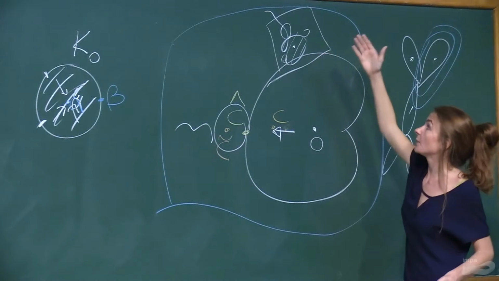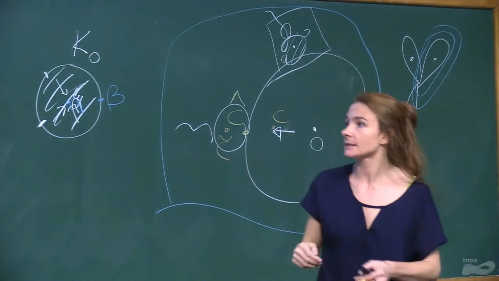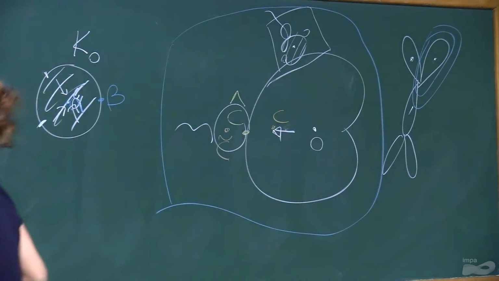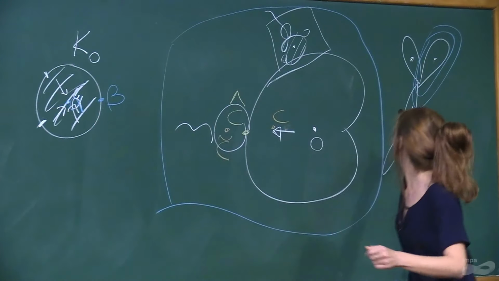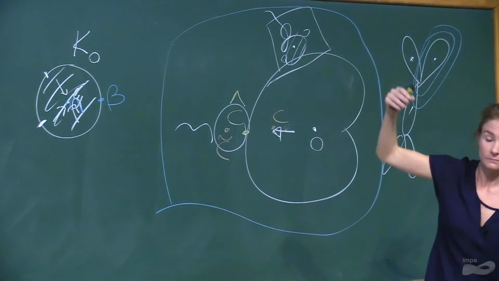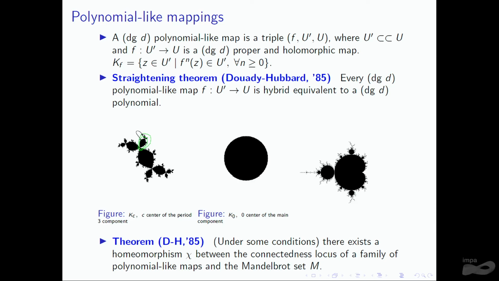So you can work with families of polynomial-like mappings and look in the set of parameters for which your filled Julia set is connected, and under reasonable conditions, this map is a homeomorphism.